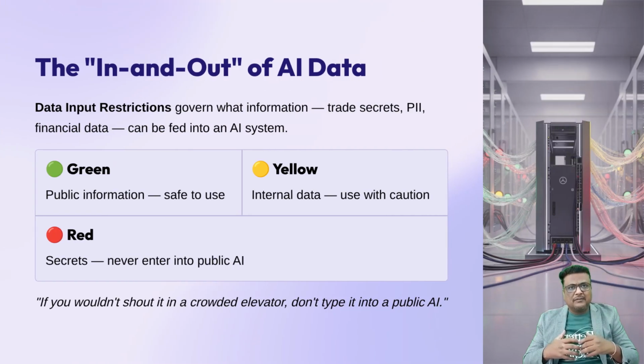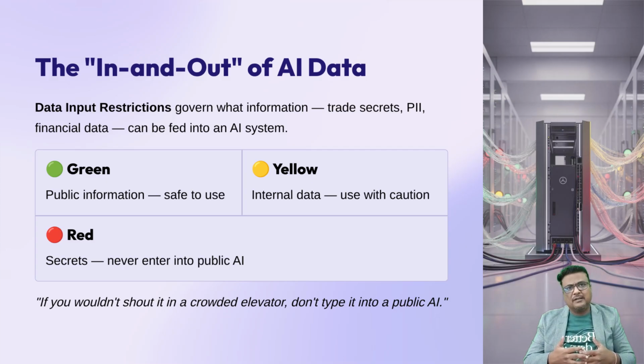A massive part of any AUP is data input restrictions, the guidelines that control what kind of information, such as trade secrets, personally identifiable information, or sensitive financial data, can be fed into an AI system. In simple words, it's a rule about what you're allowed to feed the machine. You've probably seen the headlines about companies accidentally leaking secret code because engineers used AI to debug it.